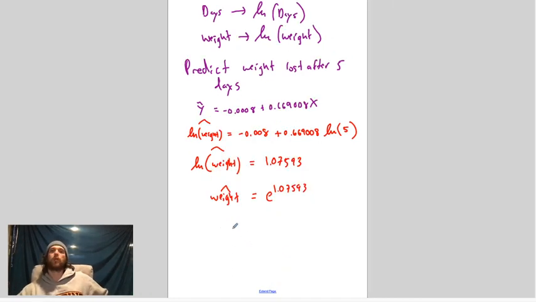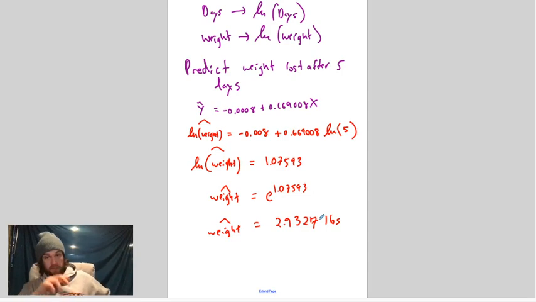So this model predicts that I actually lost, my predicted weight loss is 2.9327 pounds. Okay, all of them are basically between 3 and 5 pounds.